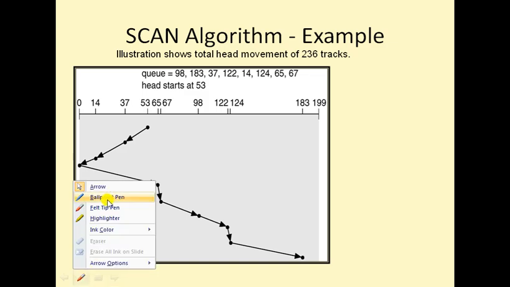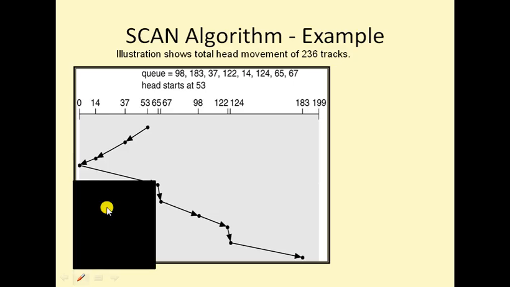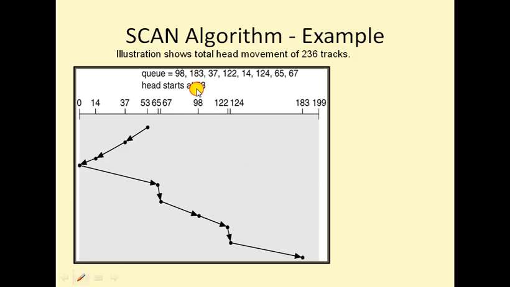Based on the SCAN algorithm, you can start from 53 and move towards this side or towards this side.